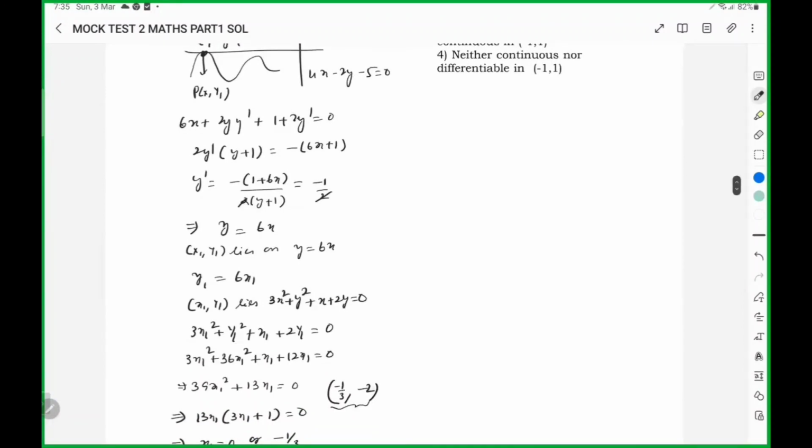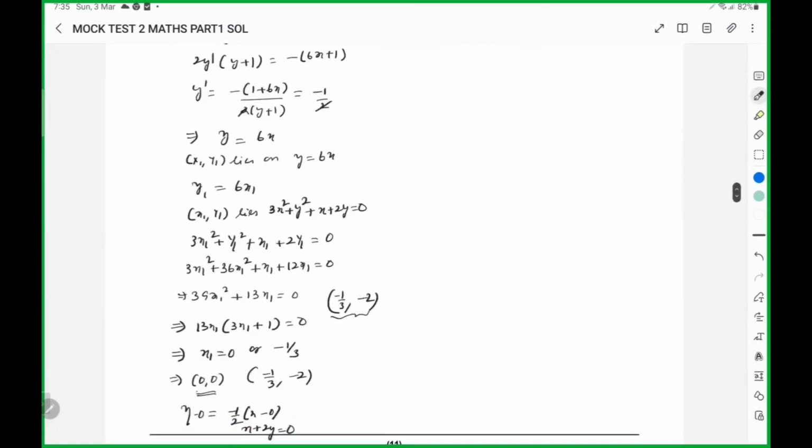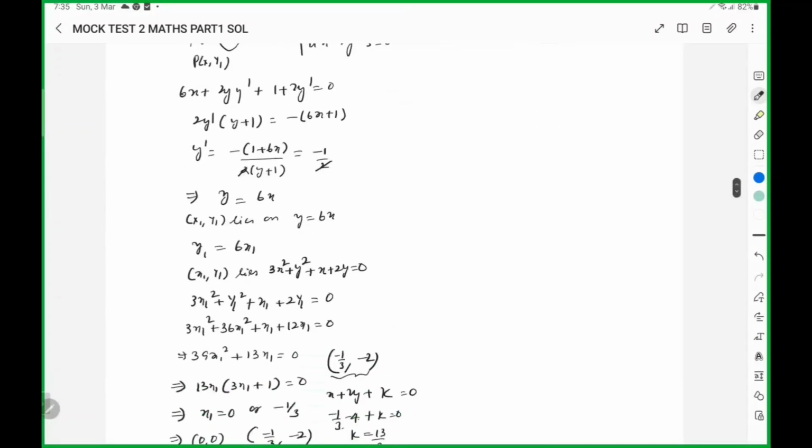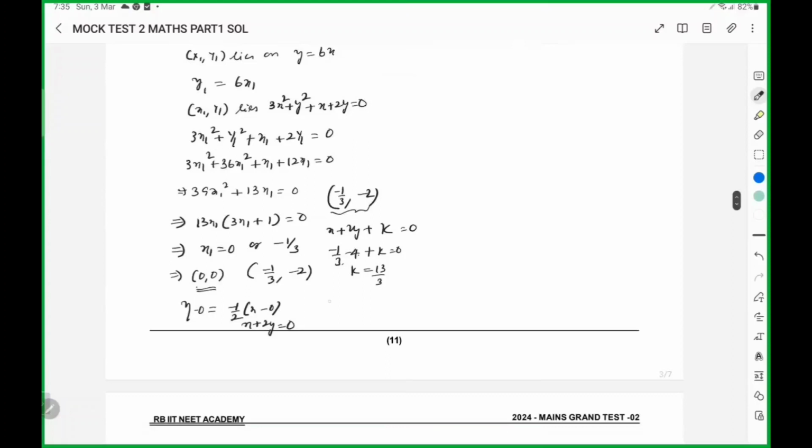So this point lies on x plus 2y plus k equals 0: -1/3 -4 plus k equals 0, so k is 13/3. Another possibility is x plus 2y plus 13/3 equals 0.